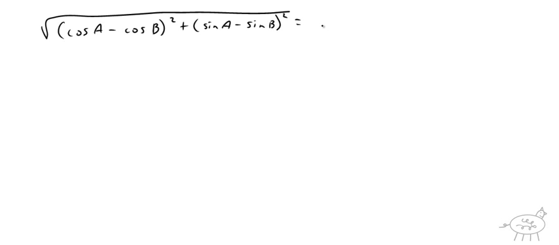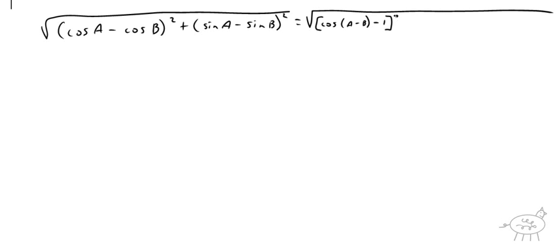And that's equal to the square root of, it's going to take a lot of room here, cosine of A minus B minus 1 squared plus the sine of A minus B minus 0, right? That's the y coordinate, quantity squared. So that should all match up, right? Doing the distance formula between those two points.